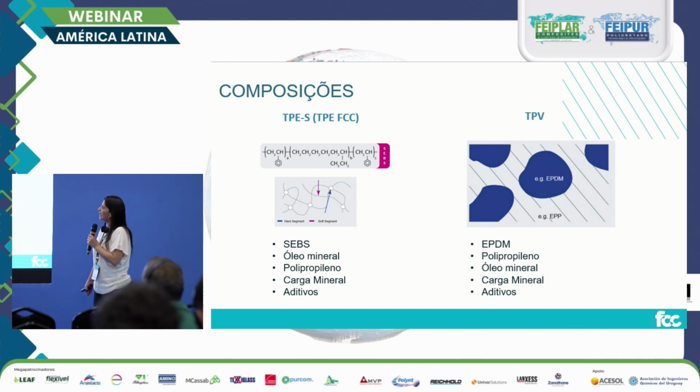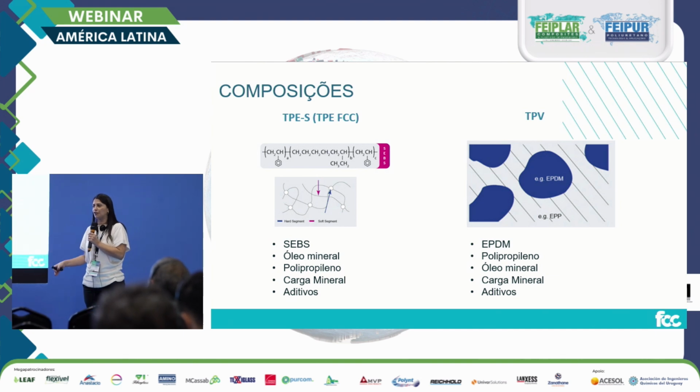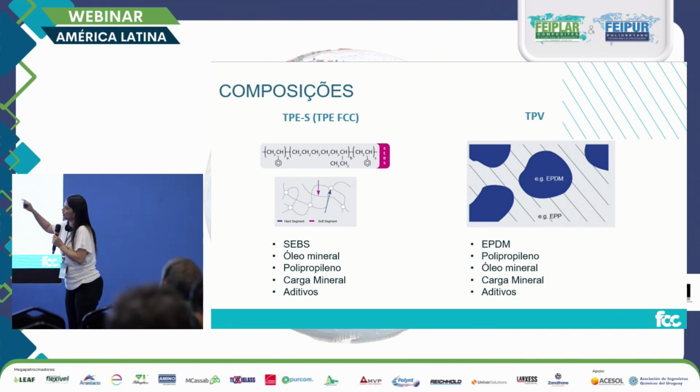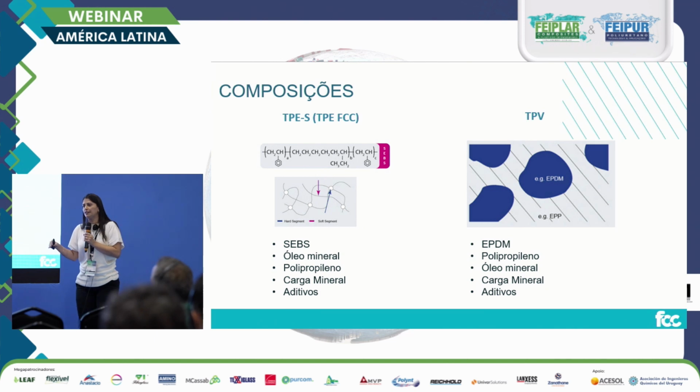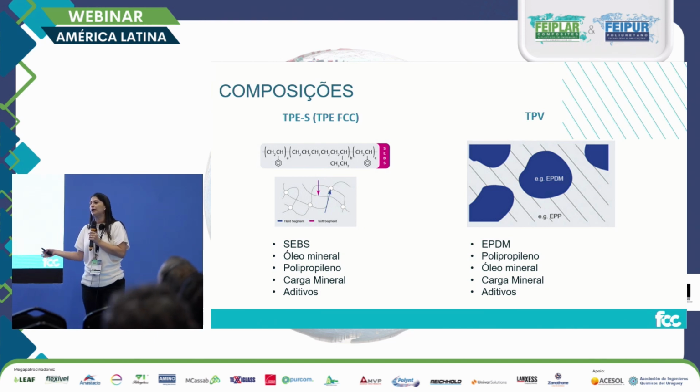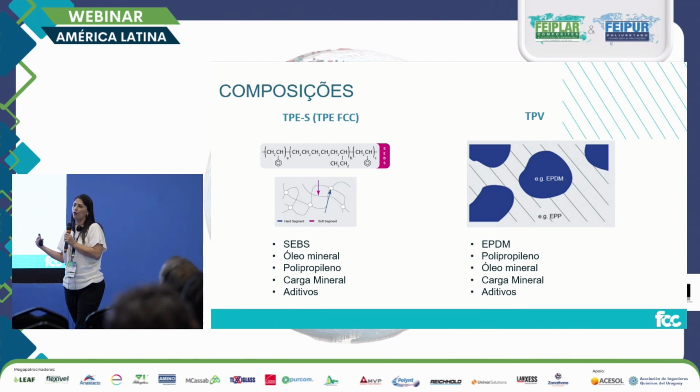TPS is basically a chain of SEBS with polypropylene. So to confer some of the properties, I would have a basic TPE, and given the charges and additives, we can have TPSs for many different segments.